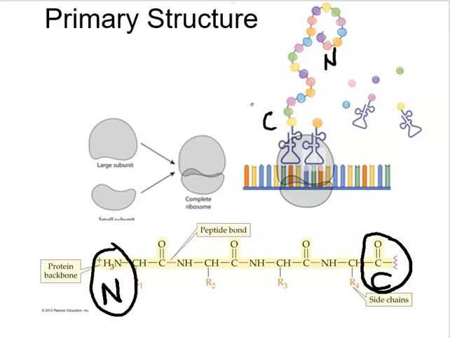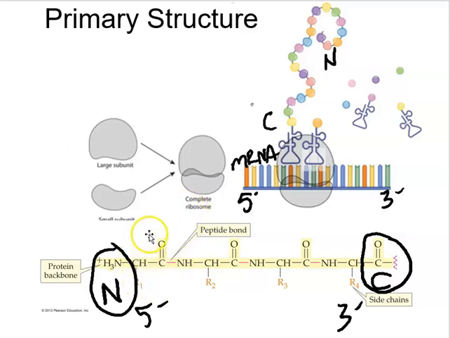So I always like to do N to C, 5' to 3'. That means that this is reading this mRNA from the 5' end to the 3' end to synthesize that peptide.